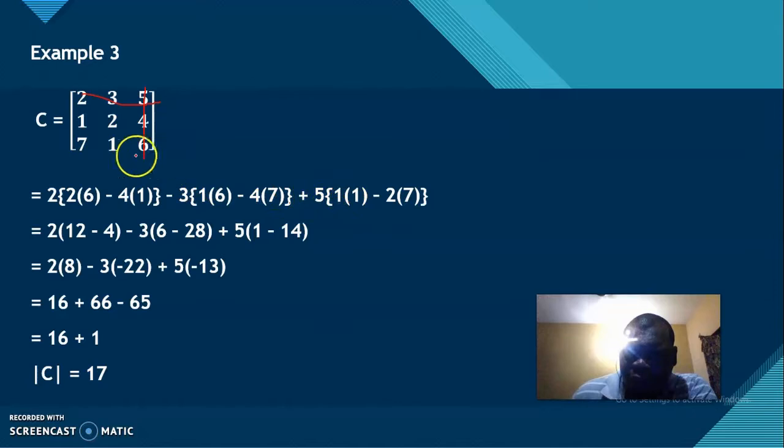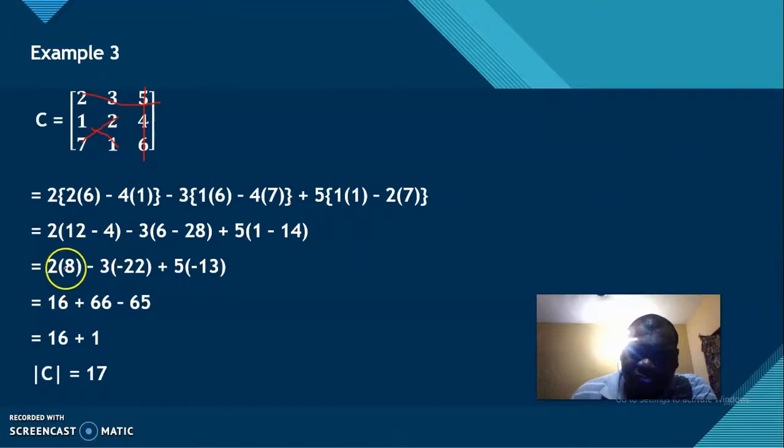So 5 open brackets, 1 times 1 minus 2 times 7. So now we have 2 open brackets, 6 times 2 is 12 minus 4 times 1 is 4, minus 3, 1 times 6 is 6, then minus 4 times 7 is minus 28, then plus 5, 1 times 1 is 1, then minus 2 times 7 is minus 14.